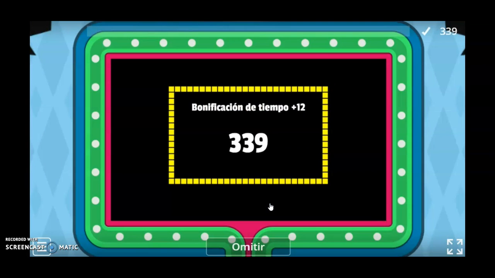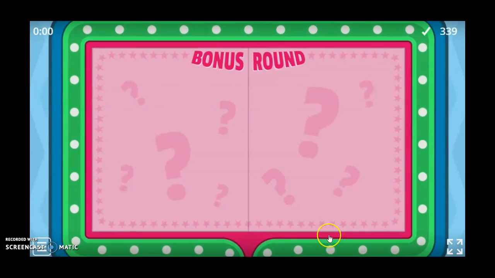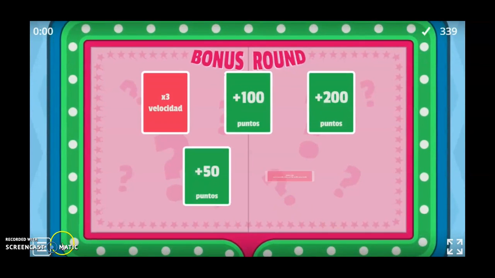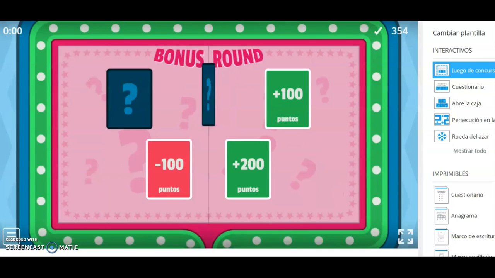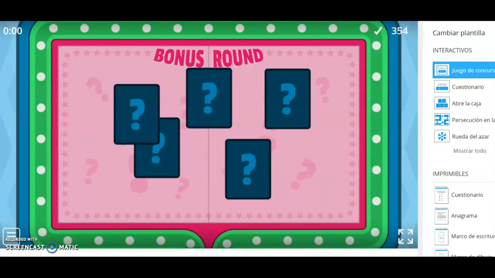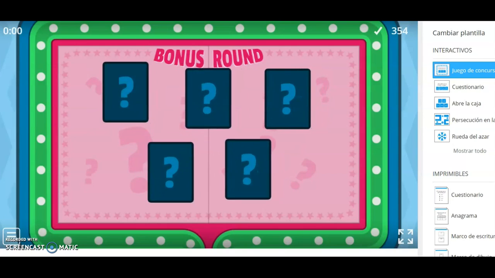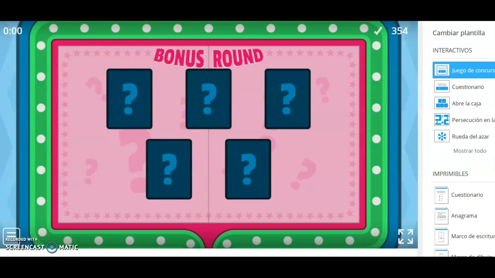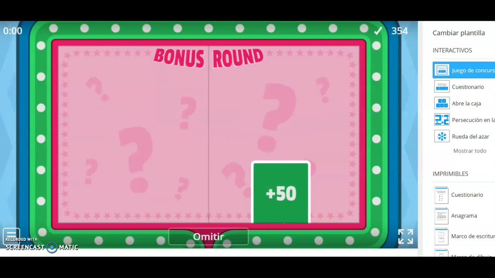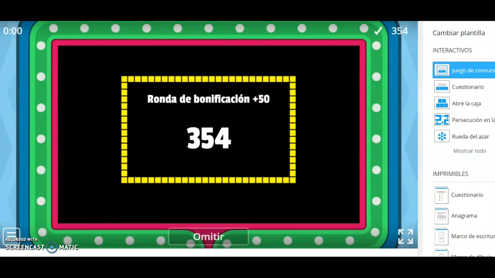Remember to take note of the points. Here you can choose a bonus to add or remove points. And you choose the card. In this case, I am going to choose this. 50 points.